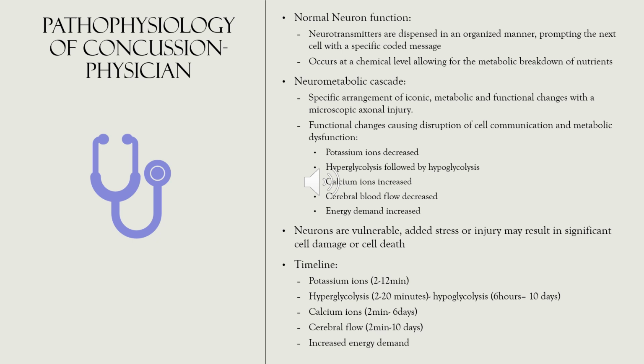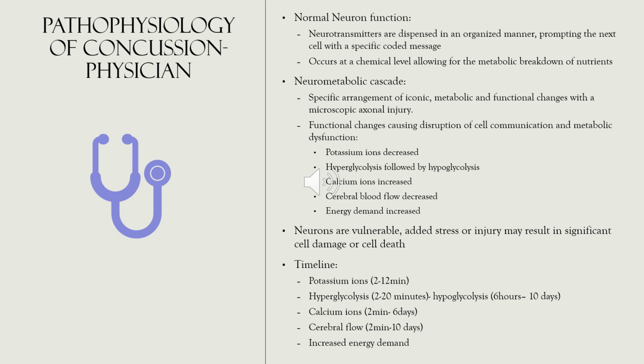Functional changes within the neuron pertain to potassium ions leaking out of the stretched neuron, resulting in a decrease, hyperglycolysis occurring with hypoglycolysis to follow, toxic calcium ions flooding in, cerebral blood flow decreasing, and the demand for energy increasing.